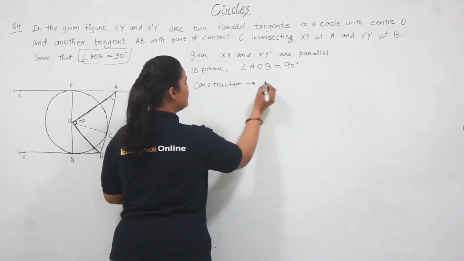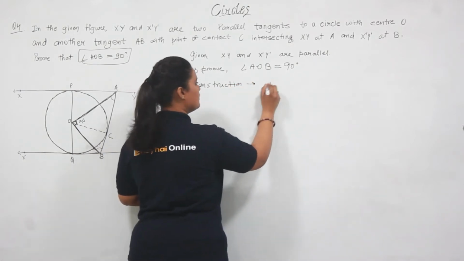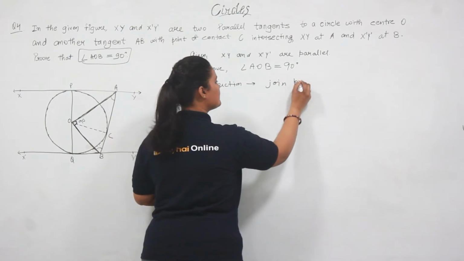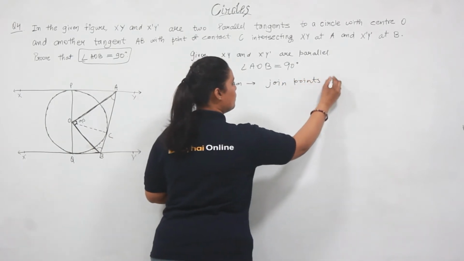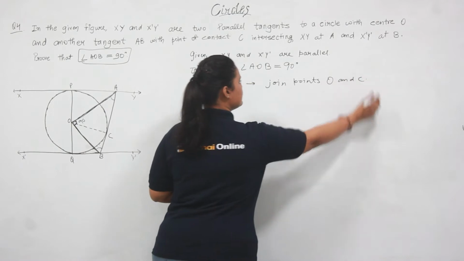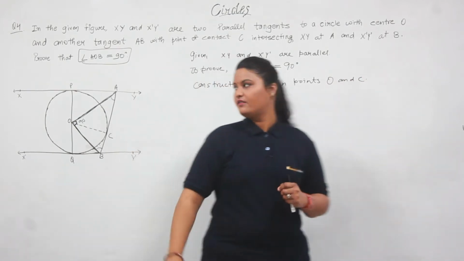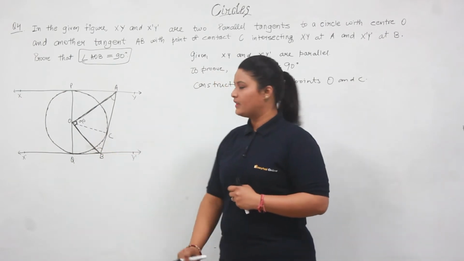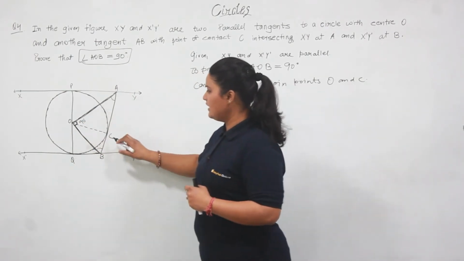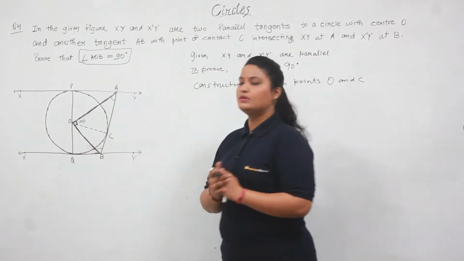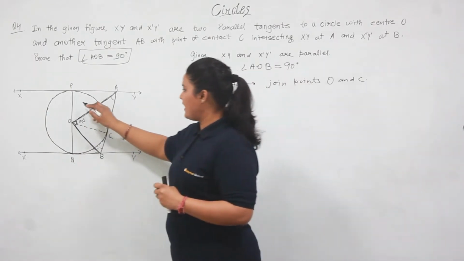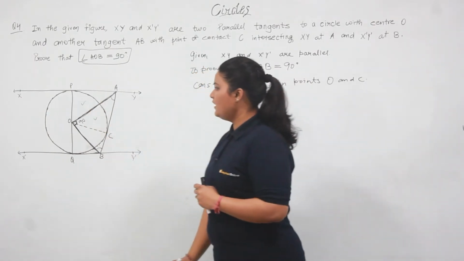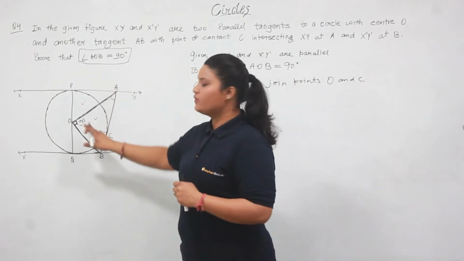What I have done is join points O and C. Clear? When I join points O and C, there are now two triangles, triangle AOC and triangle BOC. Now take triangle POA and triangle AOC.